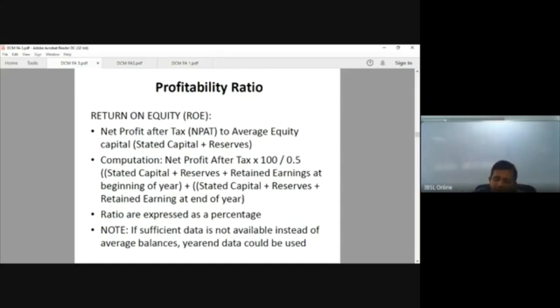Net profit after tax divided by average equity into 100. This will be expressed as a percentage. Higher the percentage, better it is. If the beginning balances have not been given for the equity average calculation, you can take the end equity figure as the average figure.